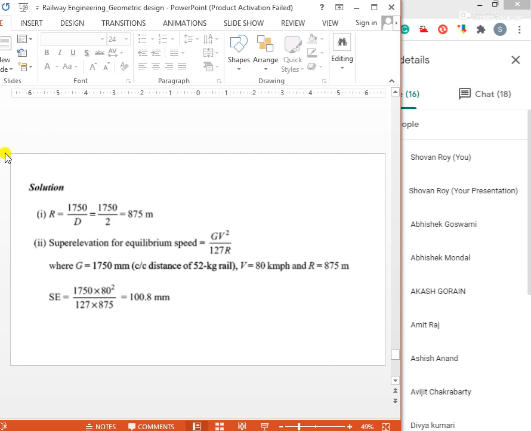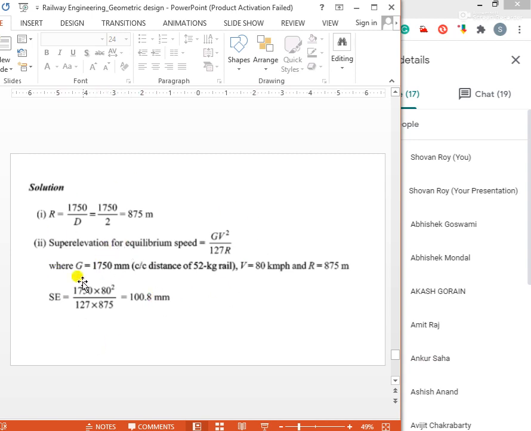Next, the super elevation for equilibrium speed. The super elevation formula is the same for all the cases. We have defined low speed, medium speed, equilibrium speed, high speed, restriction speed, but the super elevation formula is always the same for railway: G V square by 127 R, where G is 1750, already mentioned in the last classes.